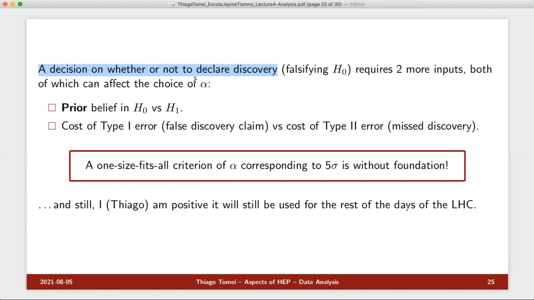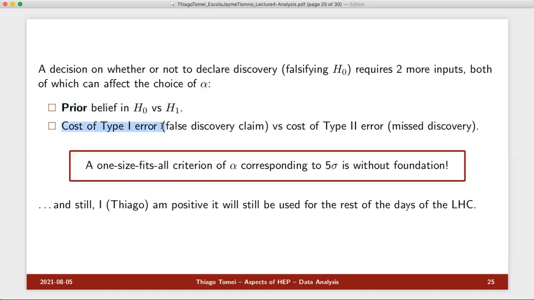And this requires two more inputs. And by the way, you should take into account these inputs when you choose alpha. First, the prior belief: standard model versus new physics, not existing Higgs versus existing Higgs. You choose the hypothesis, you choose the prior beliefs, and therefore you choose which alpha you want to put.